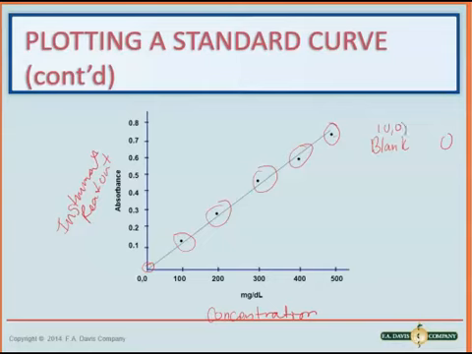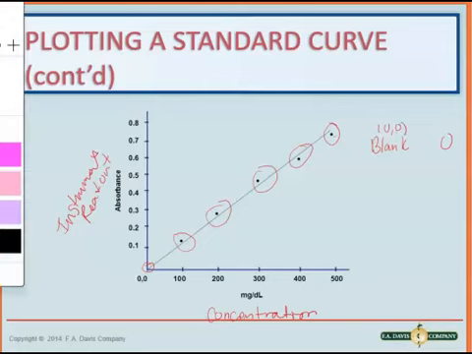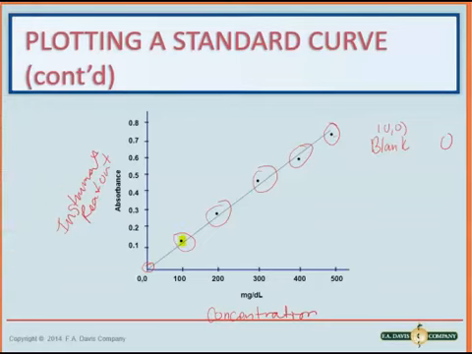And then our first standard is right here. Our first standard 1 is going to be at concentration 100. Our standard 2 is going to be at 200. Standard 3 is going to be at 300.